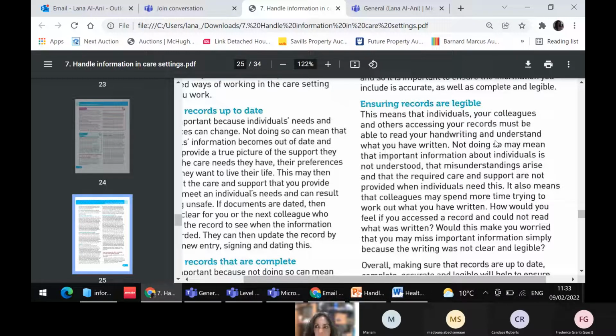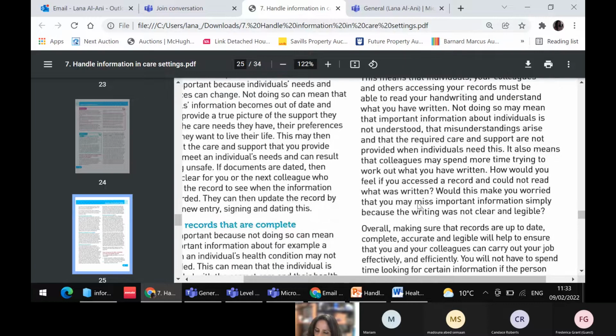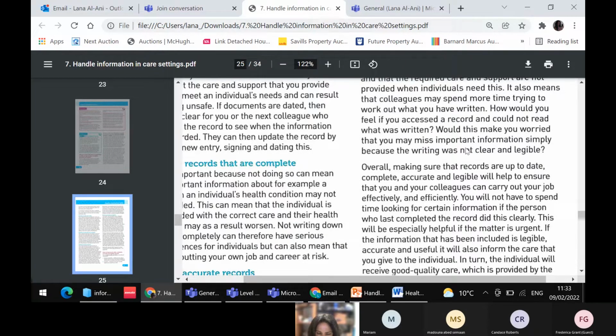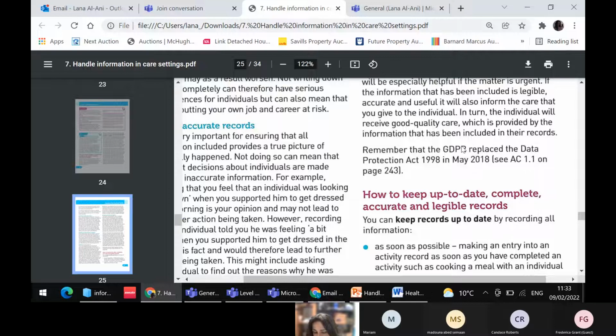If not, then it would be a problem, because there will be a misunderstanding and the client will suffer. So I make sure I always write carefully and slowly when I write my client report. So this is how you answer this question. Is it understood?